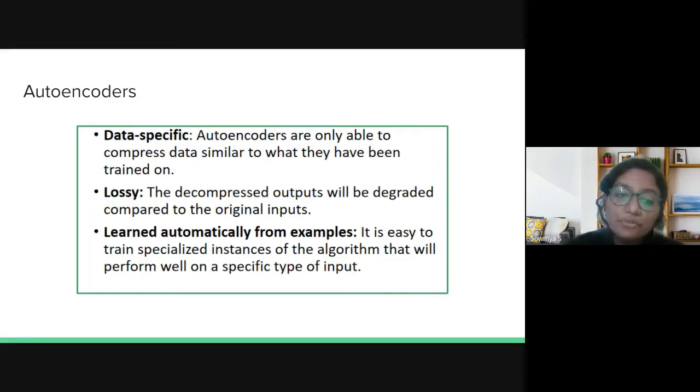Now, the second, of course, is that no matter how amazing your autoencoder has been designed and how clean your data is, we are doing a compression, so we are going to lose information.